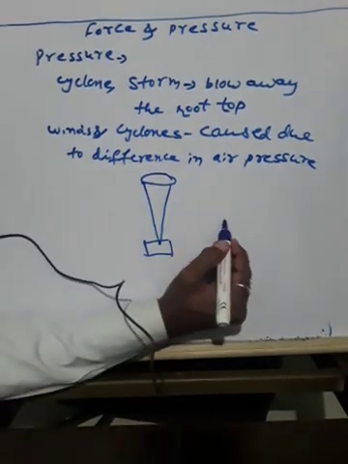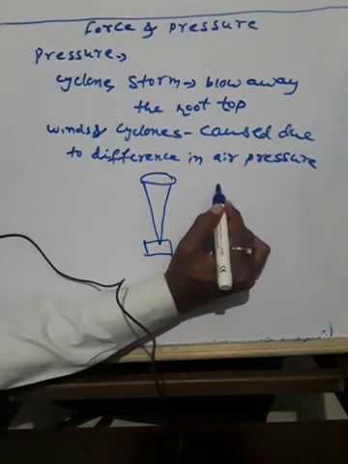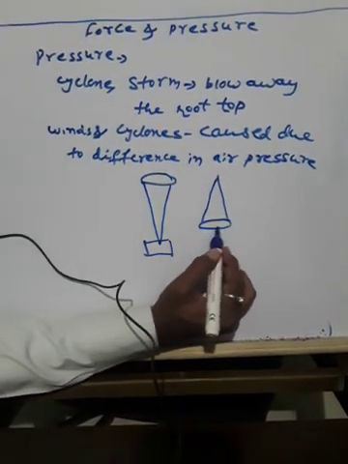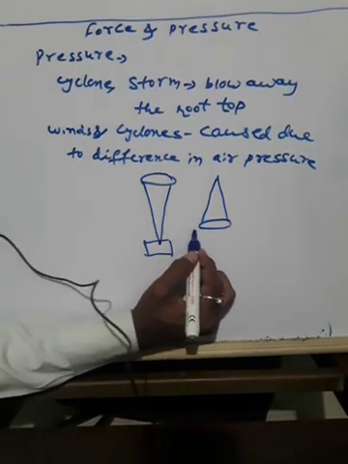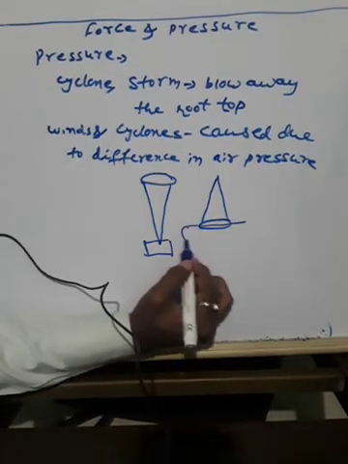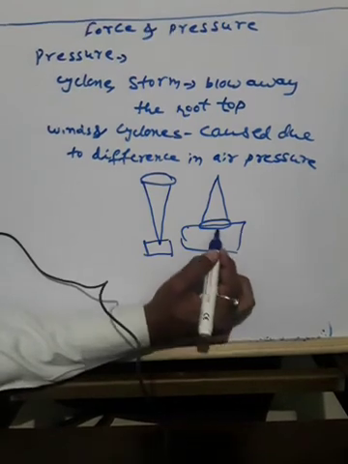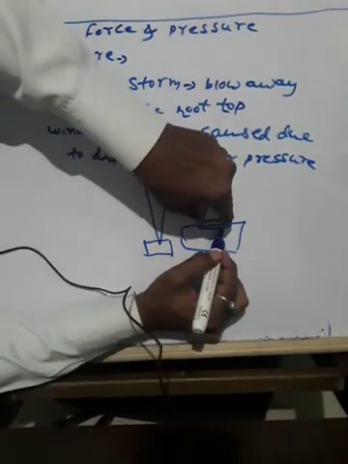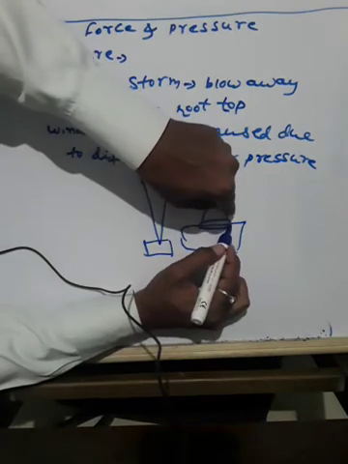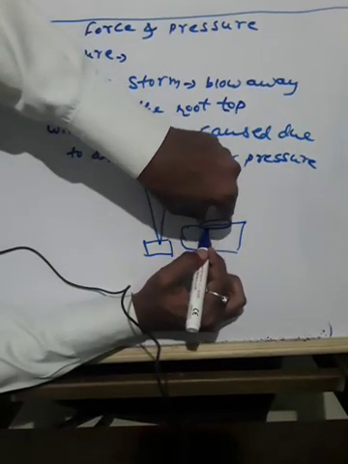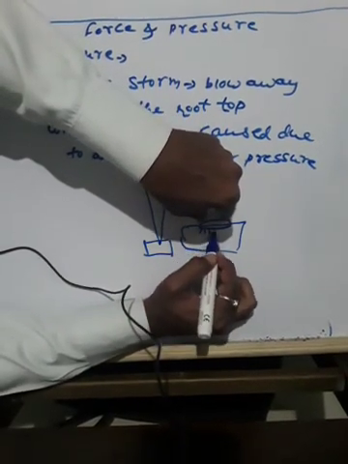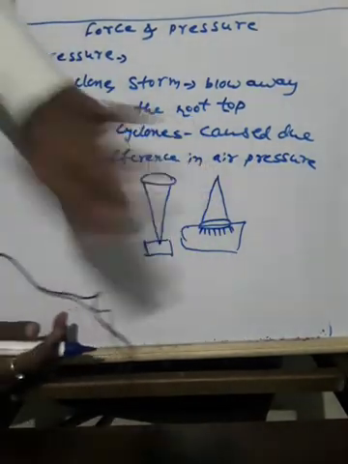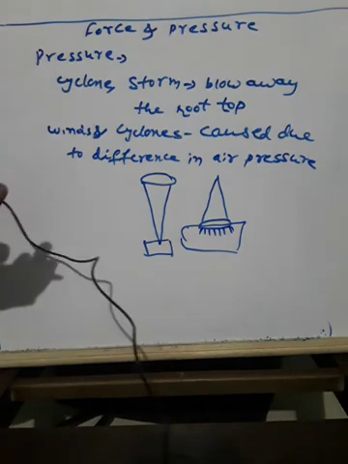But instead of that, if you turn this and try to fix with this blunt end, it will not go because the area is bigger. The area is bigger and there is no place for concentrating force in a particular direction because it is a wider area. All the force is distributed in equal parts. That's why it will not fix into the wooden plank.